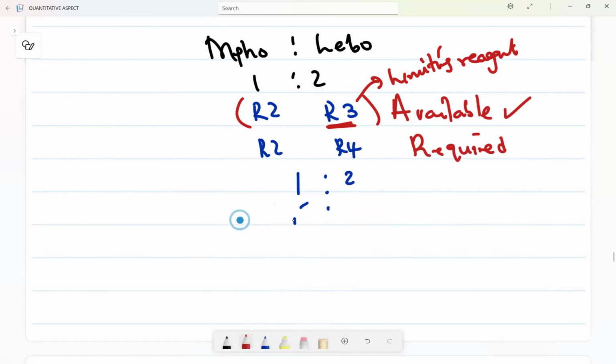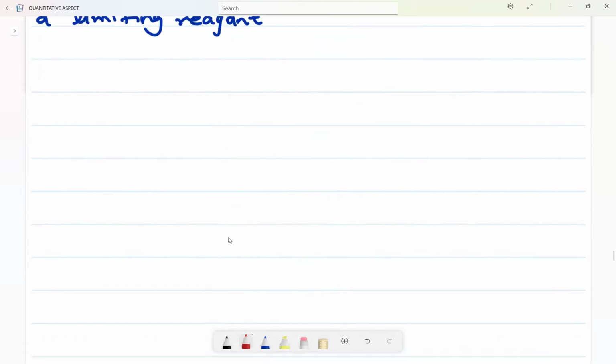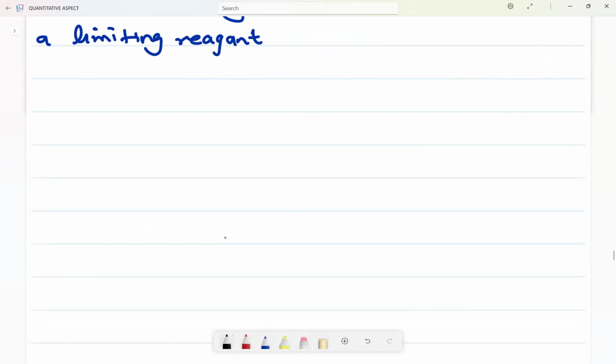Let's try to do this in a more practical manner so that we understand. Let's have an example. Methane, it is CH4.